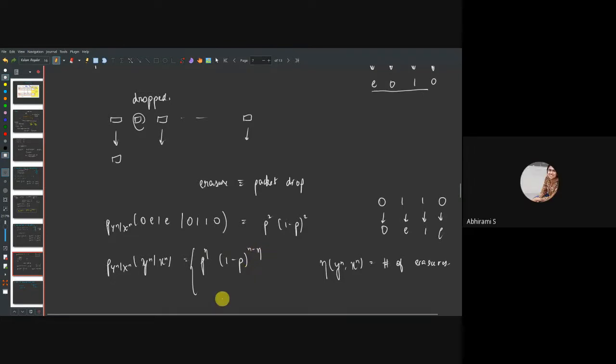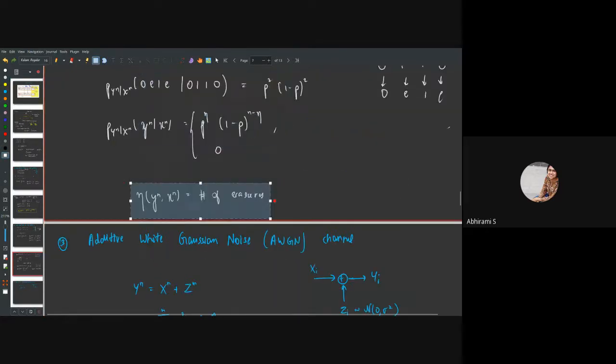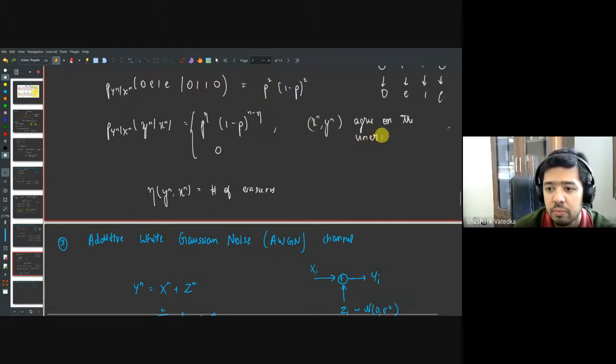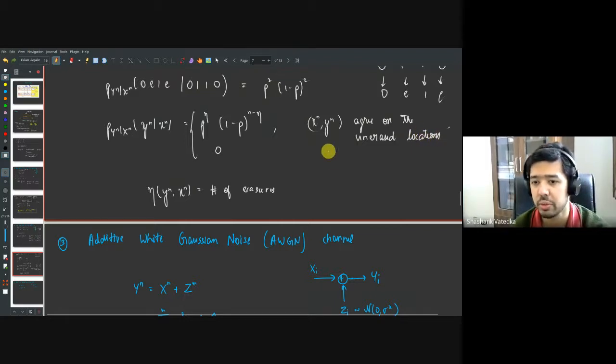Provided we don't have the probabilities of 1 given 0 and 0 given 1. Correct. So assuming that x^n and y^n agree on the unerased locations, so a 1 never becomes a 0 and a 0 never becomes a 1.